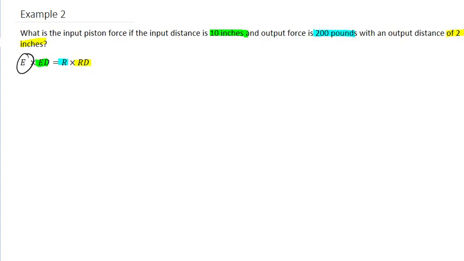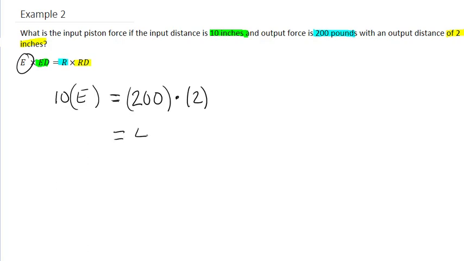Let's start filling in our variables with numbers. We have 10E equals R, which is 200, times RD, which is 2. The first thing we do is take care of the right-hand side first and multiply that out. 200 times 2 is 400.